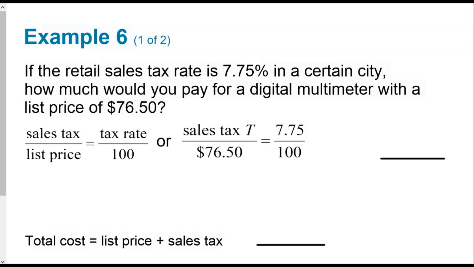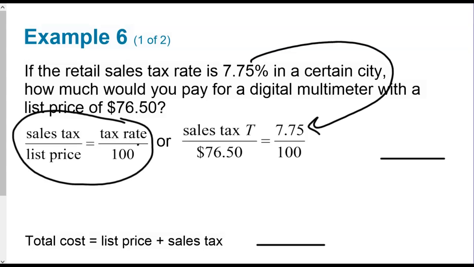Sorry about that. Let me get my pen instead of moving it around, and we're going to use that as our problem to figure this out, and we're going to substitute in what we know. So the tax rate over here is 7.75%, and the list price here is $76.50.